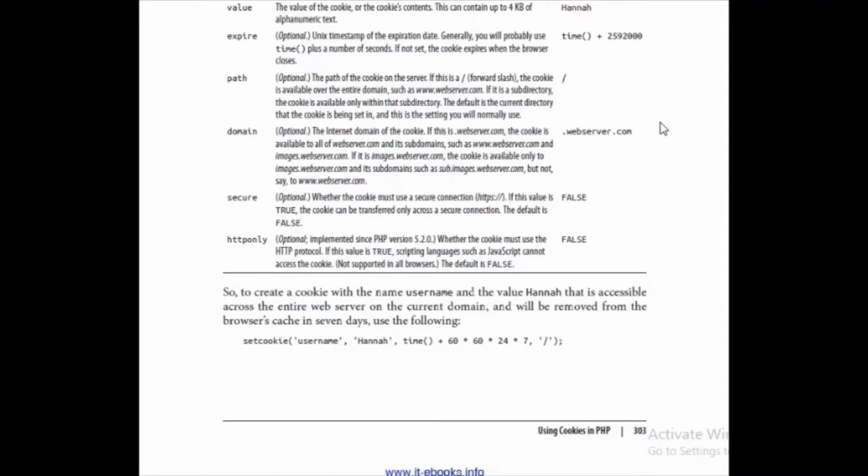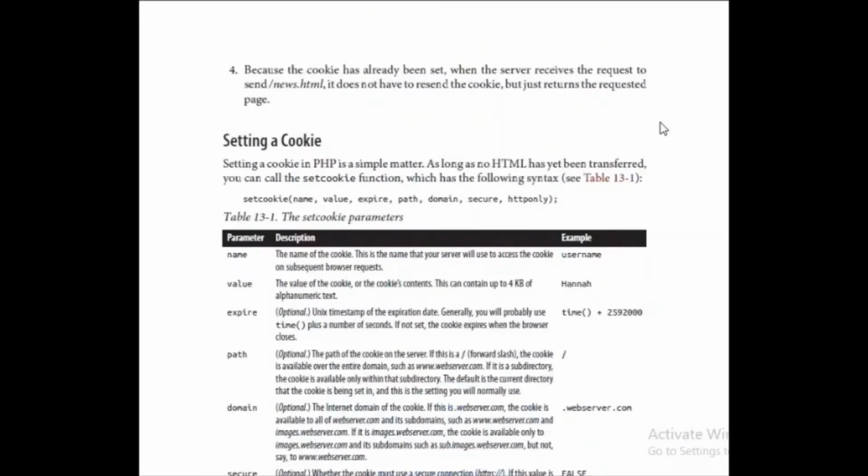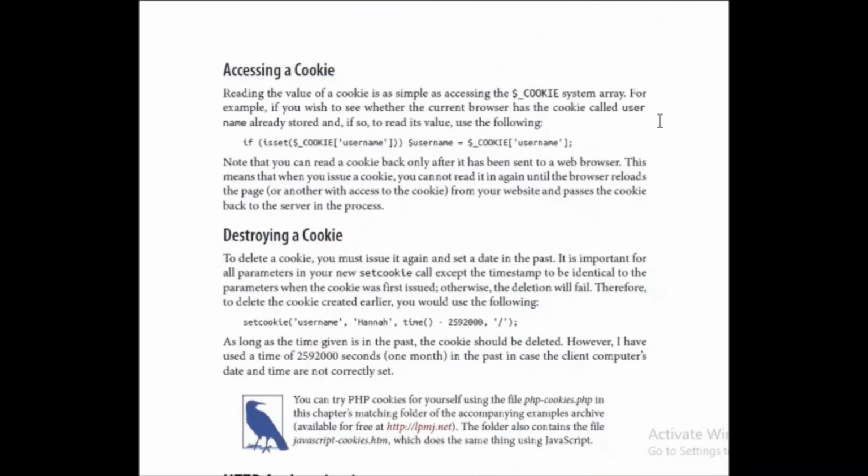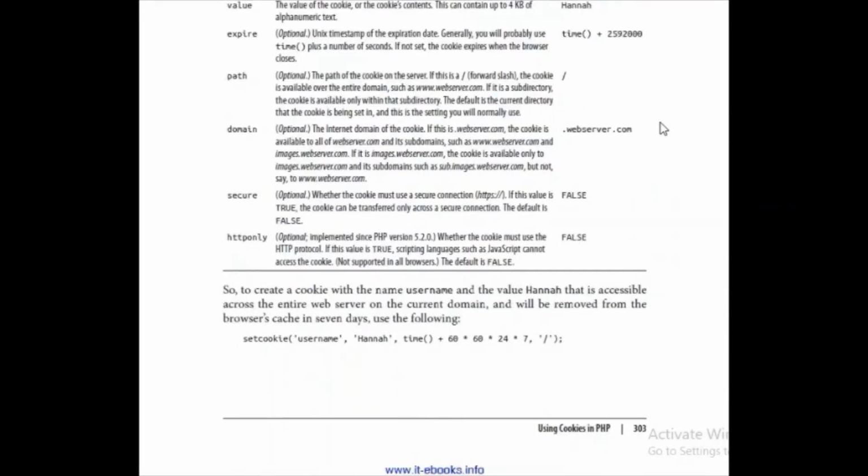You can check this by writing 60 times 60 times 24, which means it is going to last for a week. So simply you can write this command, and after a week this cookie shall expire.